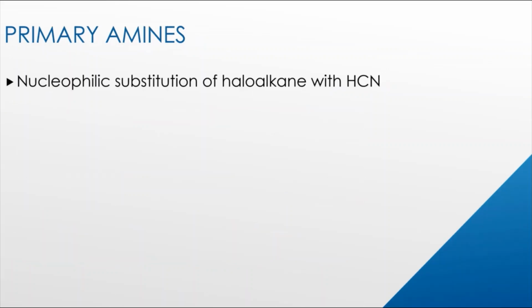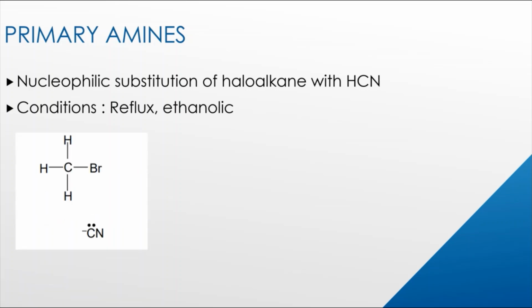Okay, so now looking at nucleophilic substitution of haloalkane with HCN. And this would happen under reflux and ethanolic conditions. So as you can see in this diagram, we have our cyanide ion, from the HCN.